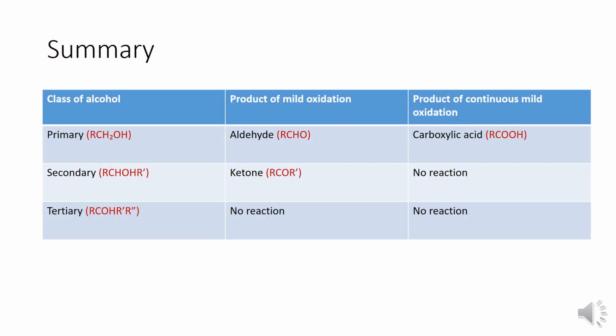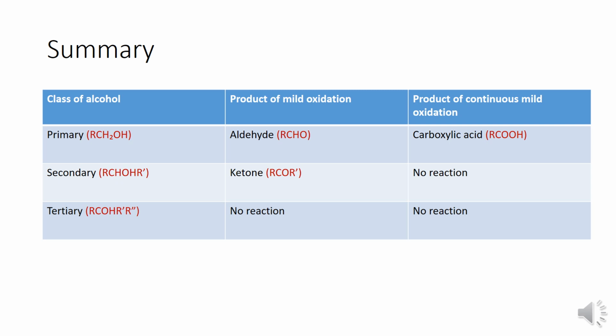As a summary, class of alcohol: we have primary alcohol. Upon mild oxidation, the product will be aldehyde. The product of continuous mild oxidation will be carboxylic acid.